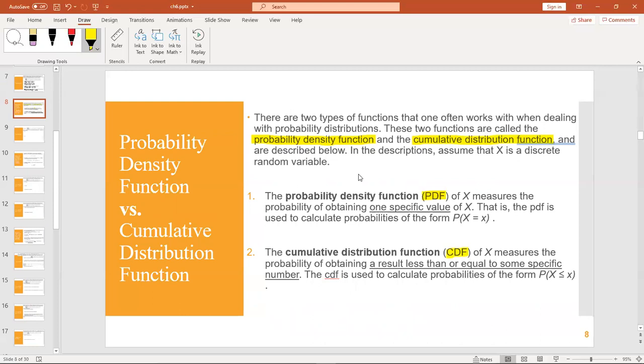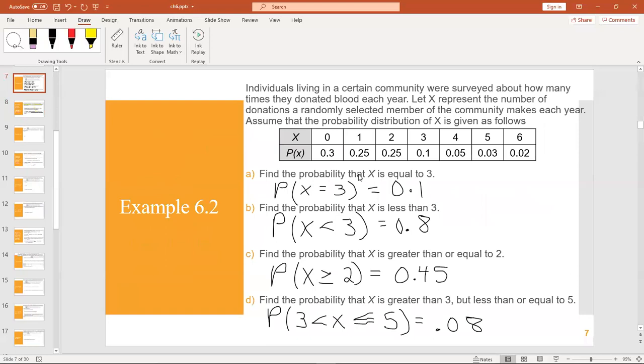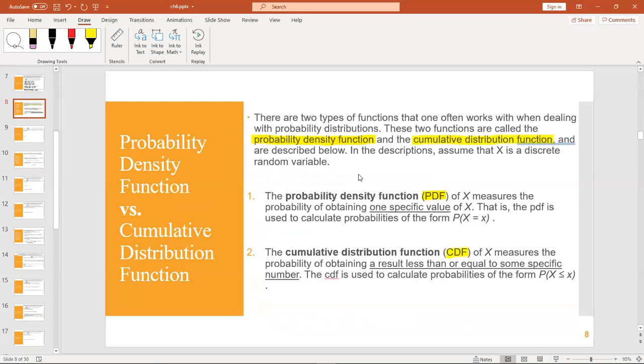So we've already seen probability density functions. Like that example, that is a PDF. Now you can also find what's called a cumulative distribution function. You might have seen in textbooks the term cumulative review, which is basically a review of everything up to that point.